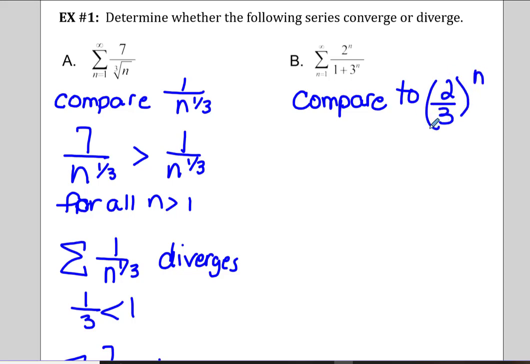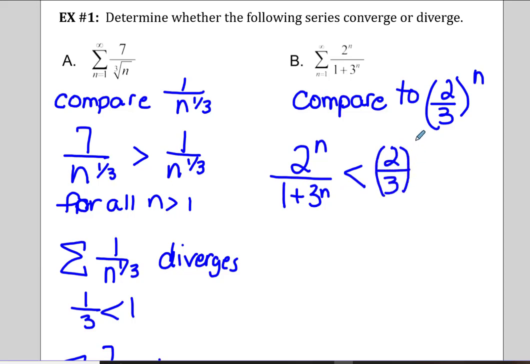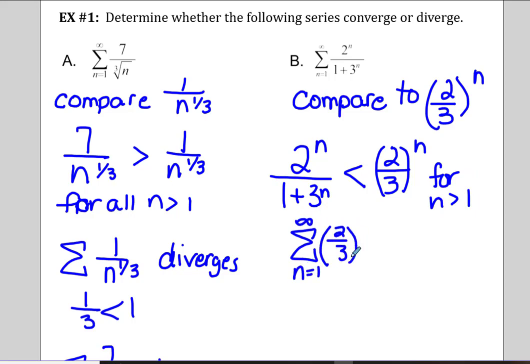Now this is a geometric series, and we know 2 to the n over 1 plus 3 to the n is going to be less than 2 over 3 to the n for all n greater than 1. So the series from 1 to infinity of 2 over 3 to the n will converge.